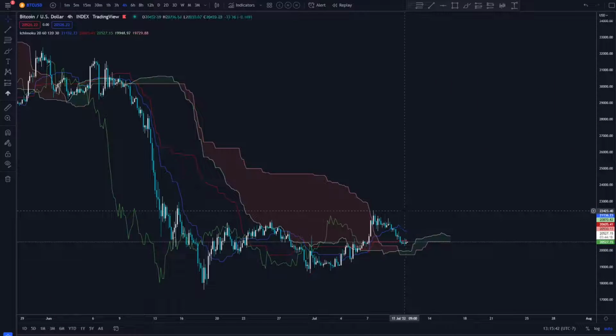If you look, the cloud leads the price a little bit, and when it crosses ahead of the price, that's called a Kumo twist. The leading cloud needs to be crossed in whatever direction you're looking to trade as well. So for long, it needs to be crossed bullish, and that's when it's green. For short, it needs to be crossed bearish, that's when it's red.